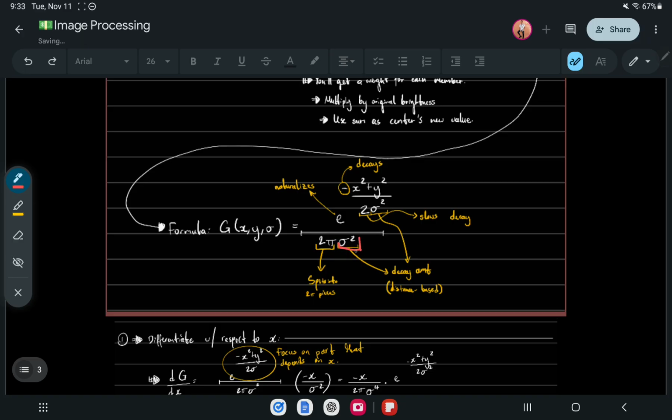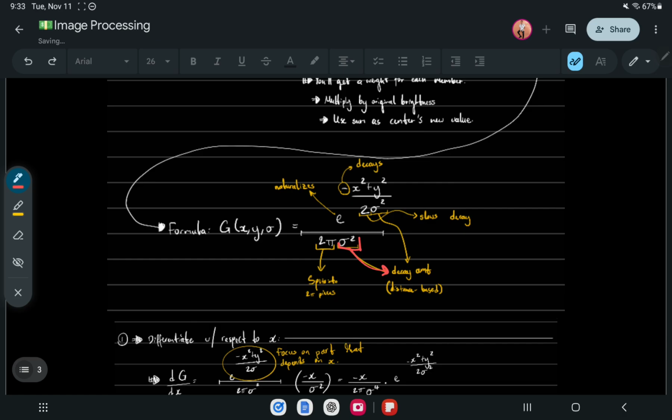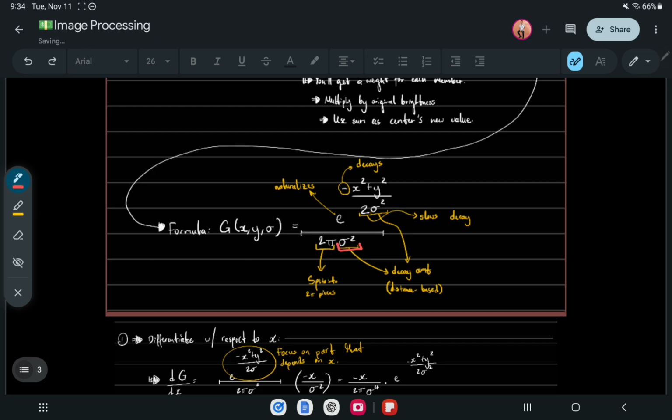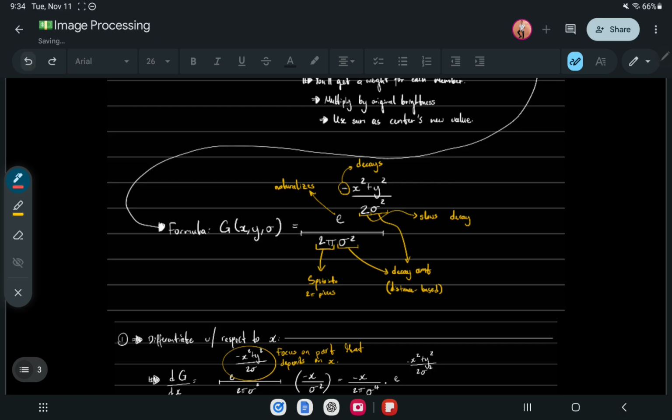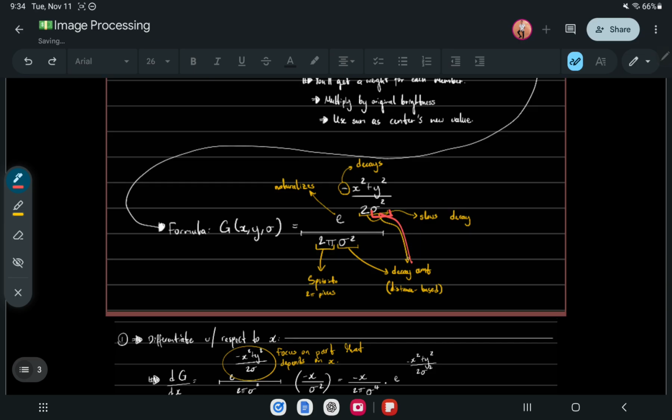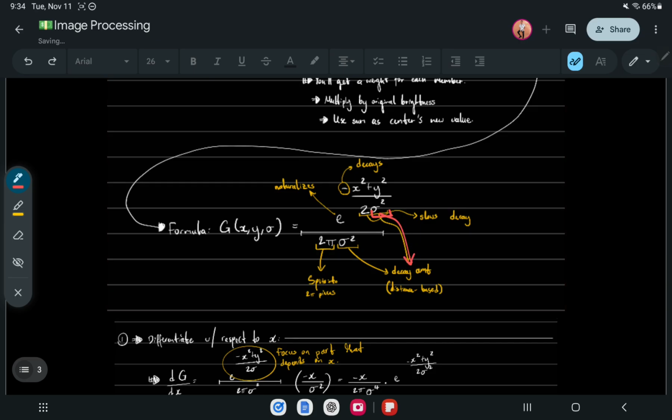This standard deviation squared determines by how much your weight varies with distance. The same thing in the denominator position does the same thing.